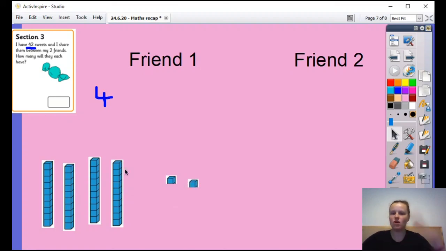How could I share those out now between my friend number 1 and friend number 2? How could I share those out equally? How much will each of them get? Remember, they need to have the same amount to make it fair and equal.